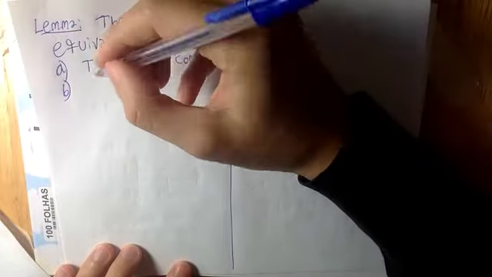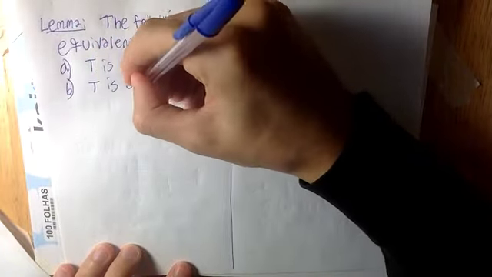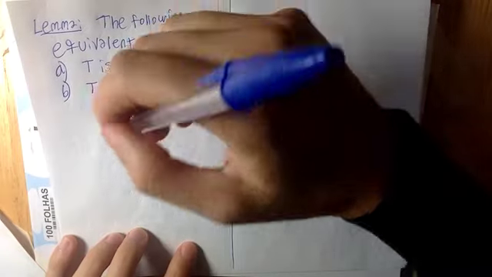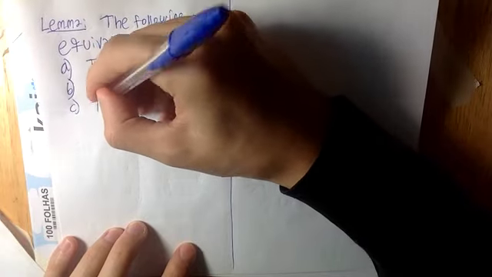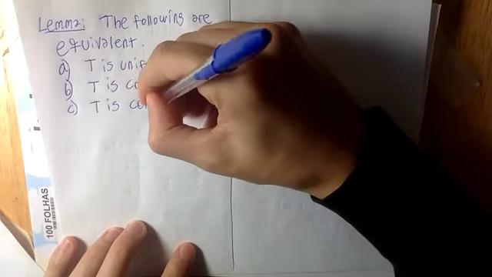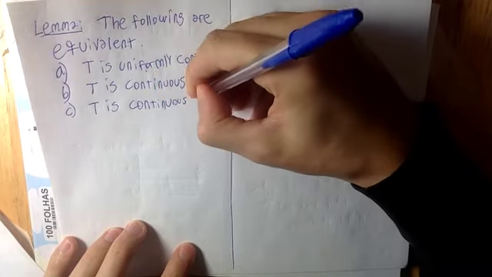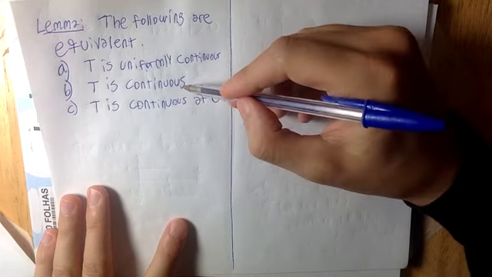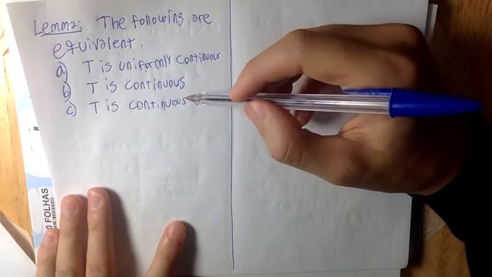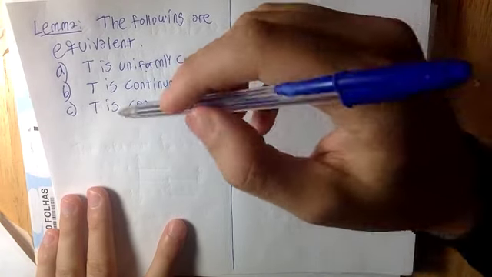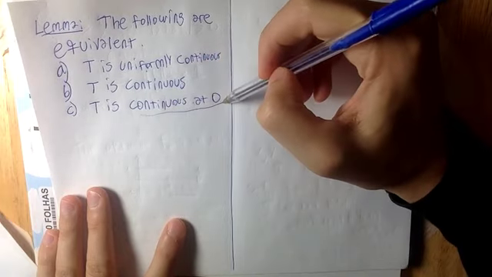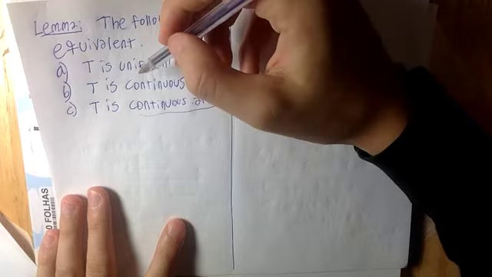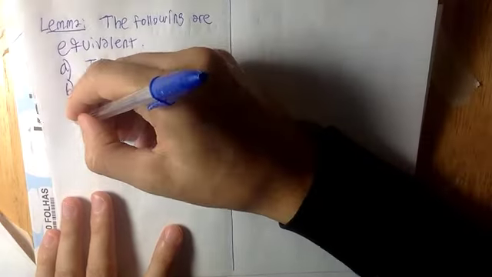B: T is continuous. C: T is continuous at 0. Clearly being uniformly continuous implies continuity, and clearly continuity implies continuous at 0. The point is that being continuous at 0 is equivalent to being uniformly continuous because of the linear structure, and that's part of the proof that we're going to do.